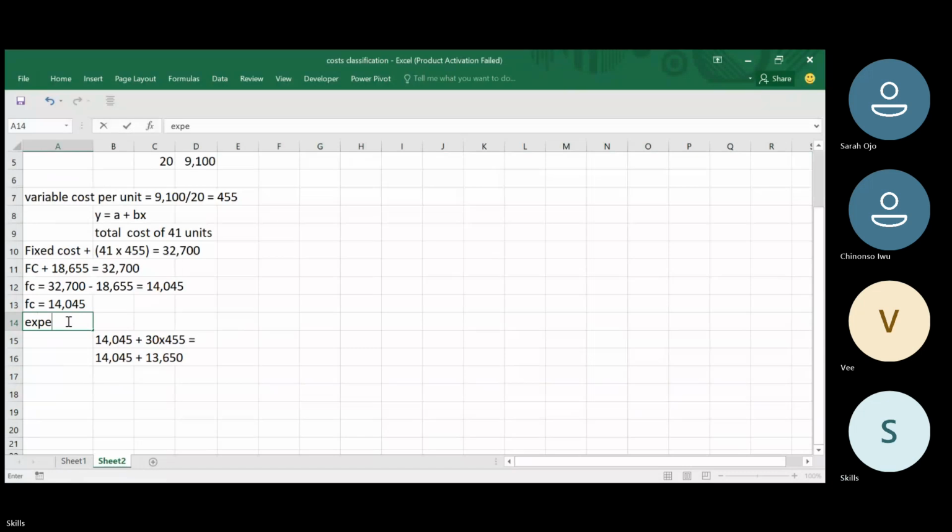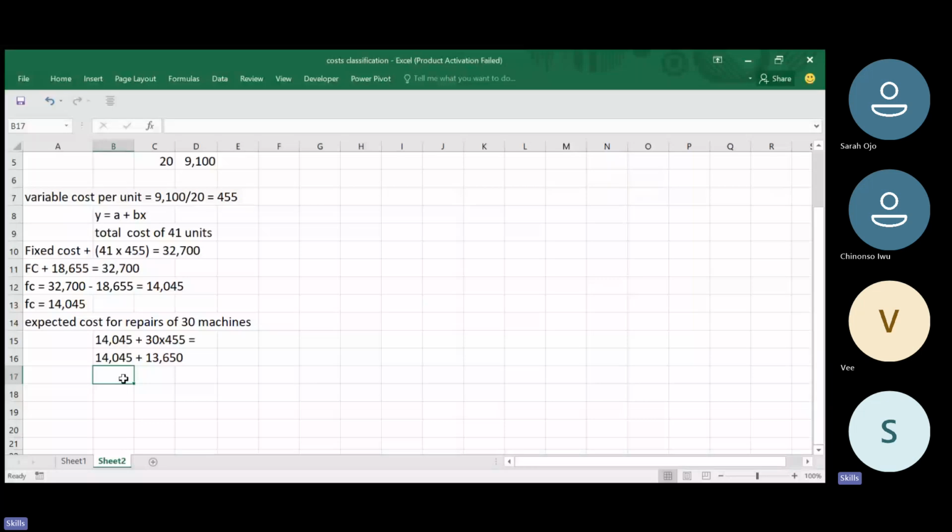Expected cost for repairs of 30 machines. So when you add this together, what are we going to get?